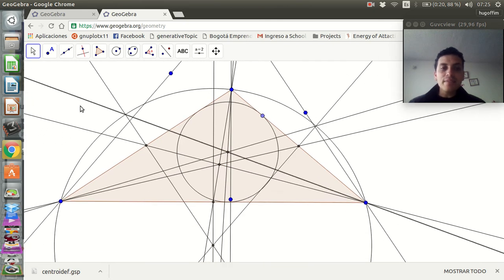Now, depending on the triangle, these points are going to change.